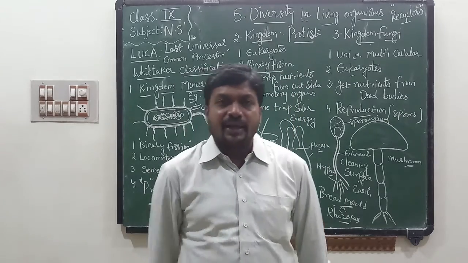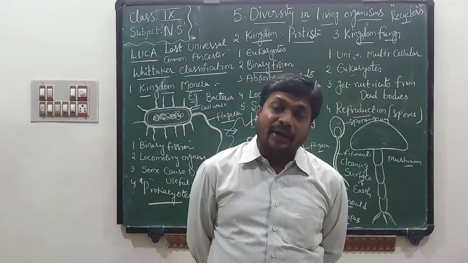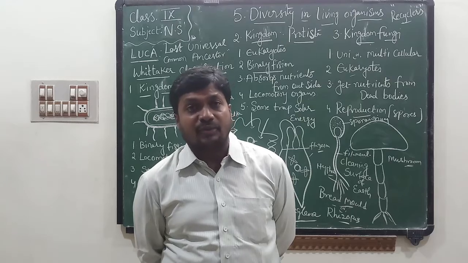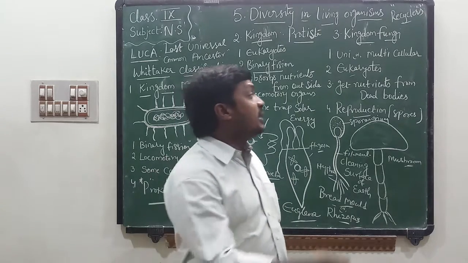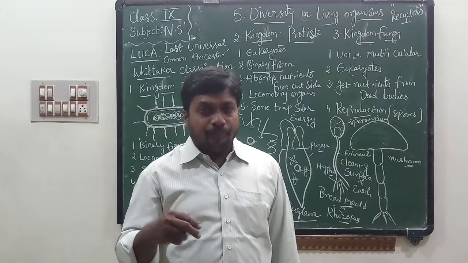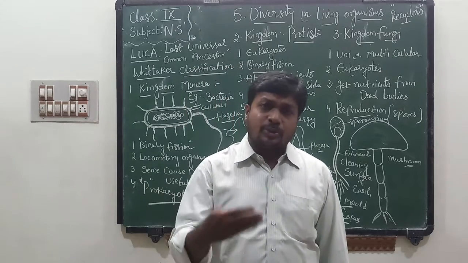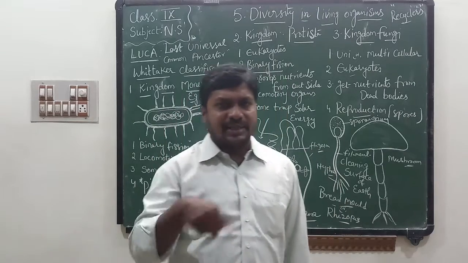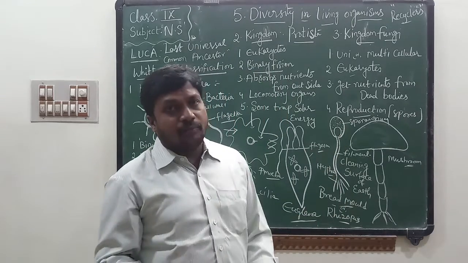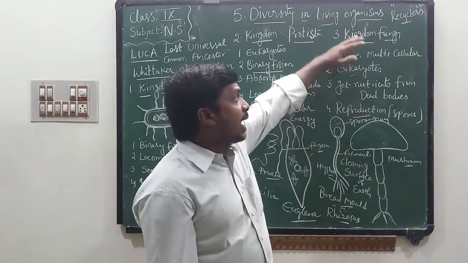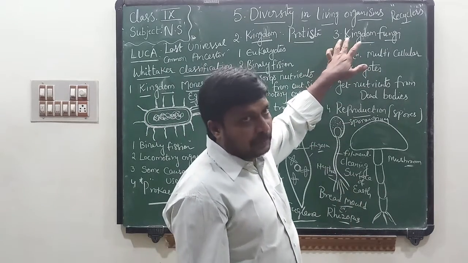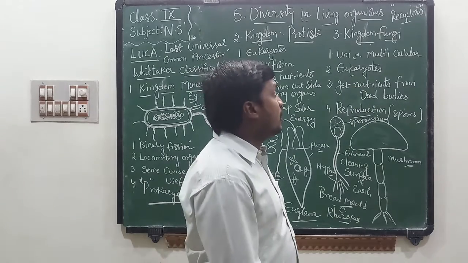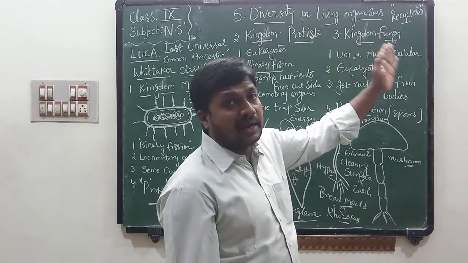Some fungi live on dead bodies and help in decomposition of dead bodies, so they are called cleaners of the surface of the earth. And some recycle the nutrients from soil to plants, plants to animals, and animals again to soil. So these are the characters of fungi. Once again I repeat the characters of fungi. Some fungi are useful, some are unicellular, some are multicellular.